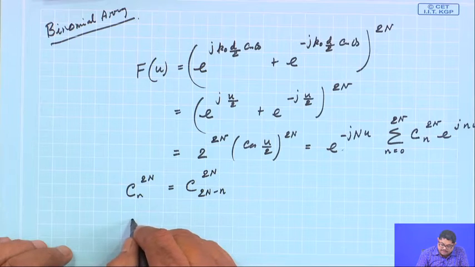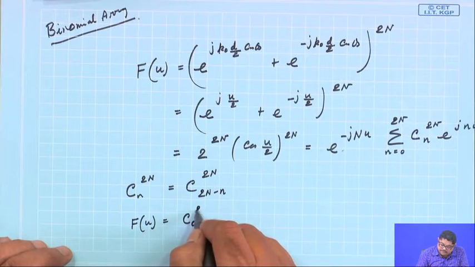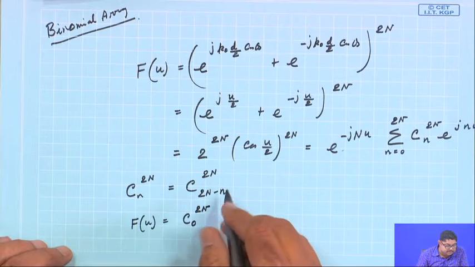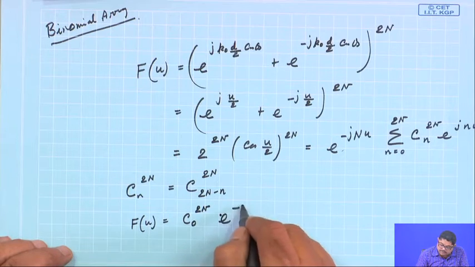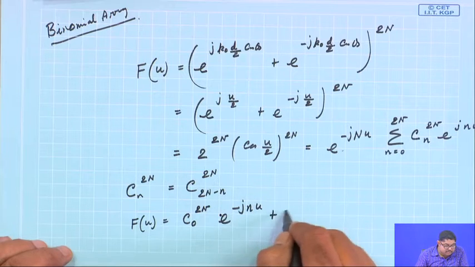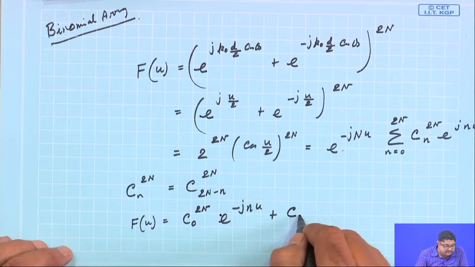So, F(u) now can be written as a sum of the coefficients 2n C 0 to 2n C n times e to the power minus j n u, plus the remaining terms.